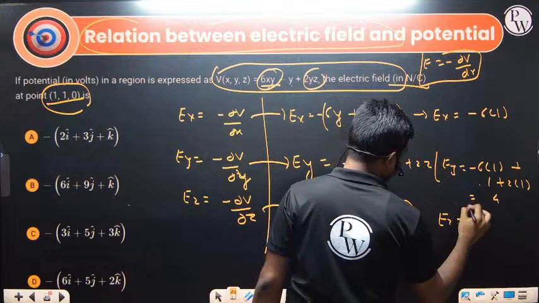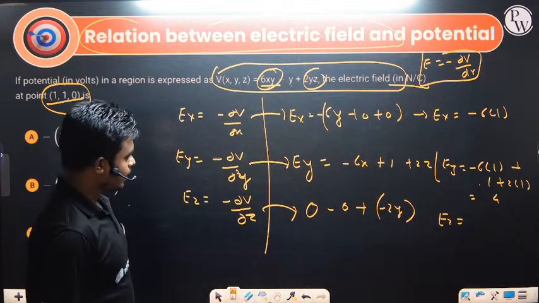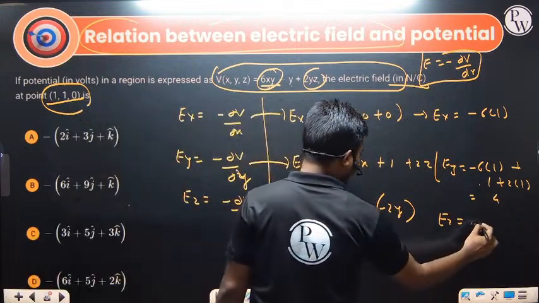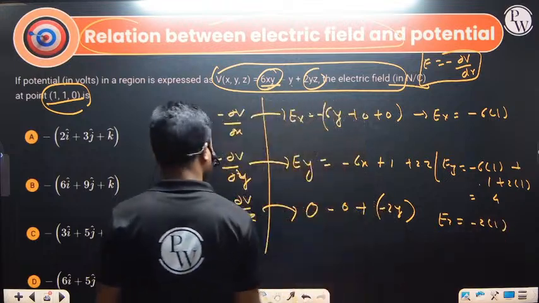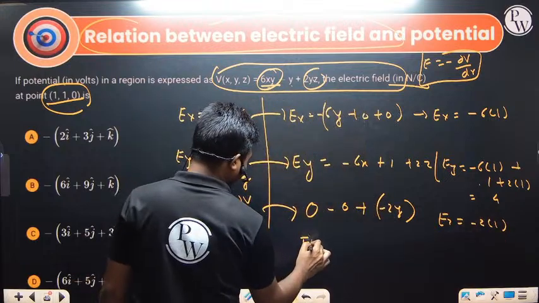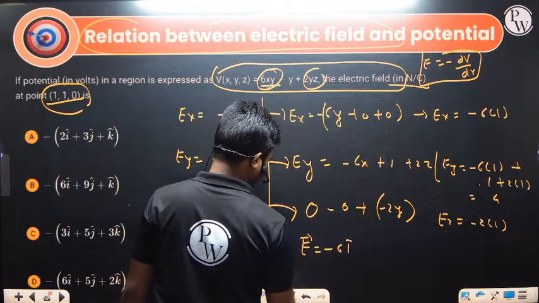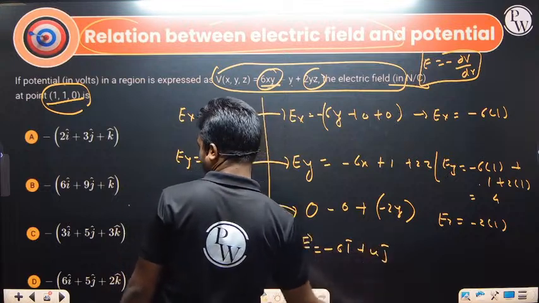Last is Ez, which is given by minus 2 into 1. So the electric field is minus 6 i cap plus 4 j cap.